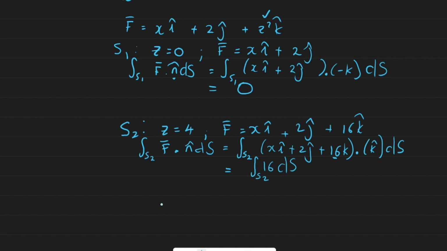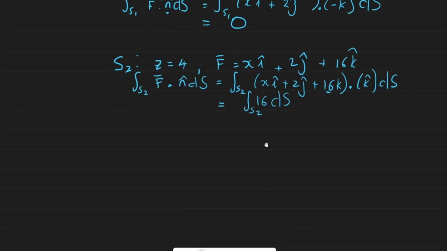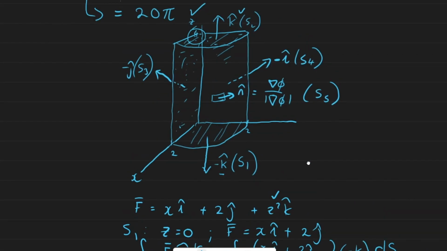And what is surface 2? Well, there's our circle. Surface 2 actually corresponds to just a quarter of a cylinder. If we look at the top of it, we can see that this entire thing is just a quarter of a circle, since it's in the first octant.